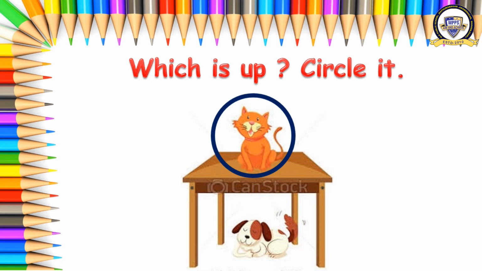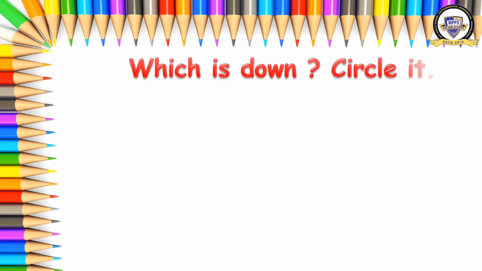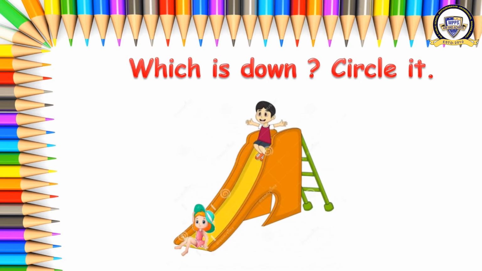Now the second question. Which is down. You have to circle the down one. Down means bottom. Now you can see two children. One is up and the other is down.